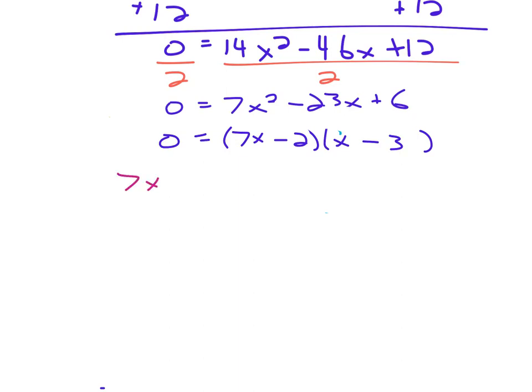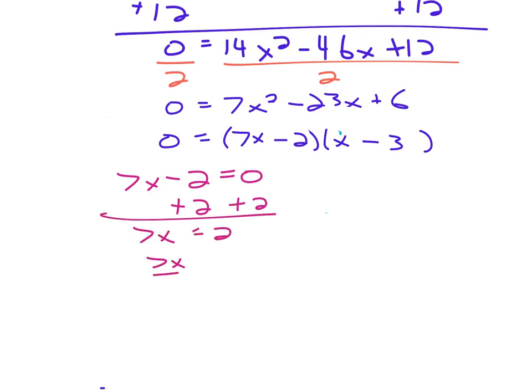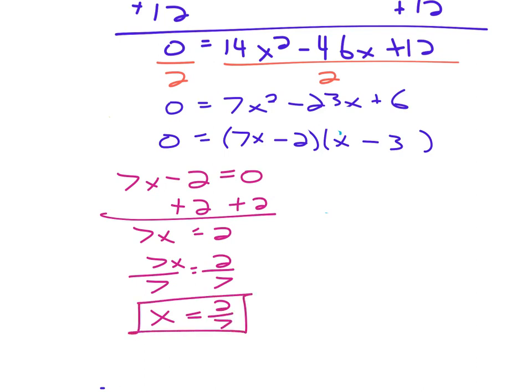So we can say, okay, what if 7x minus 2 was the thing that was equal to 0, and then multiplied and made the thing 0? By adding 2 to both sides, and then dividing by 7, we get x is equal to 2/7.